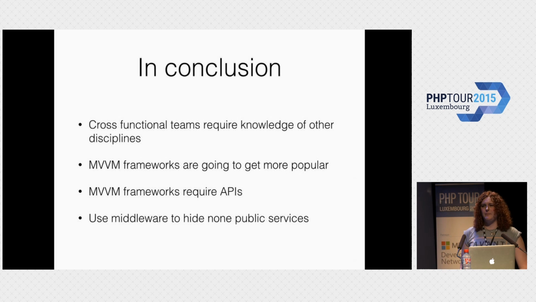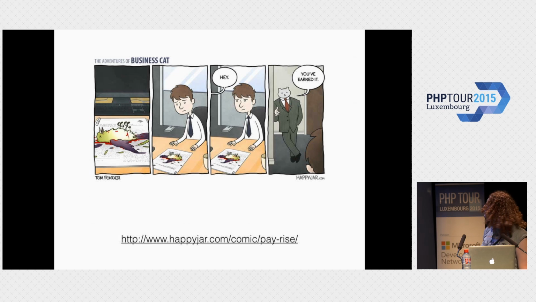And if you can step up to the plate and help them develop a front-end API which is going to work really well for them and only return fields that they want in a language which they understand, that's going to be fantastic. And really importantly, use middleware to hide your database services and present a per-application front-end. Yeah, so hopefully your boss will be really happy and they'll reward you.